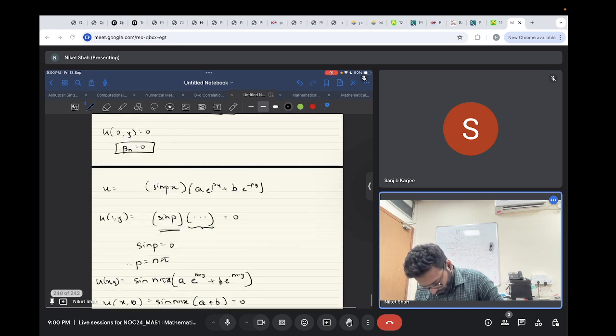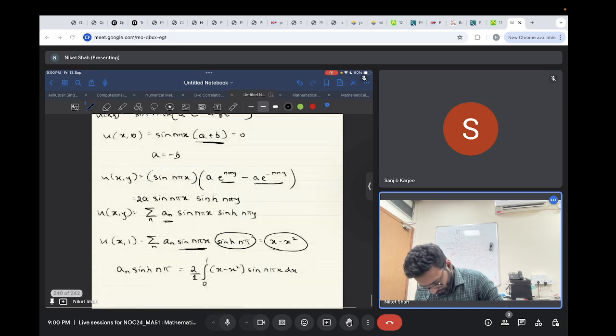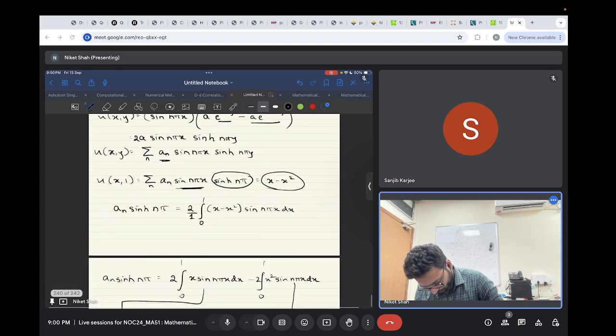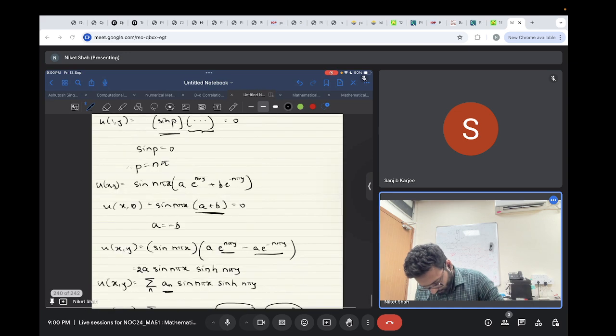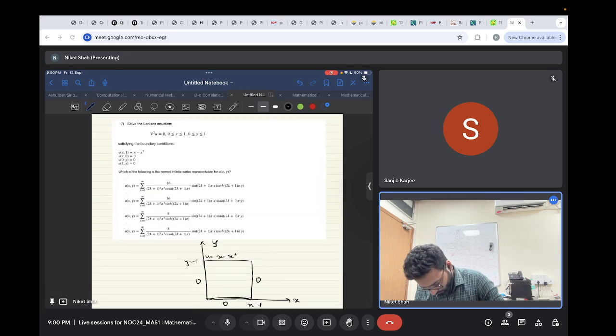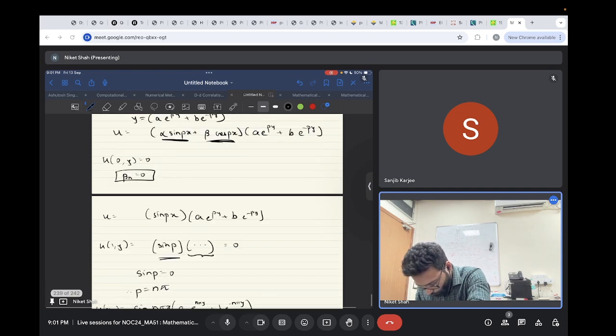I might have missed a 2 or something somewhere. n cube pi cube sinh is what I am getting already. But there are similar options with 8 and 16, so I'll have to be careful with the number.